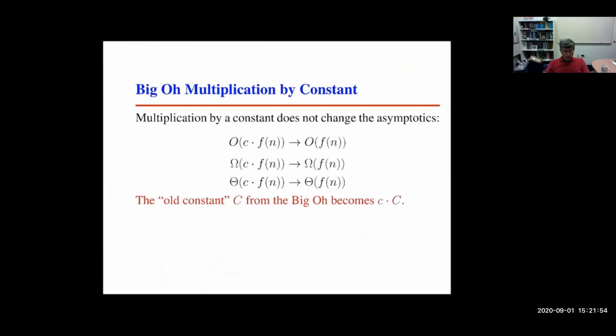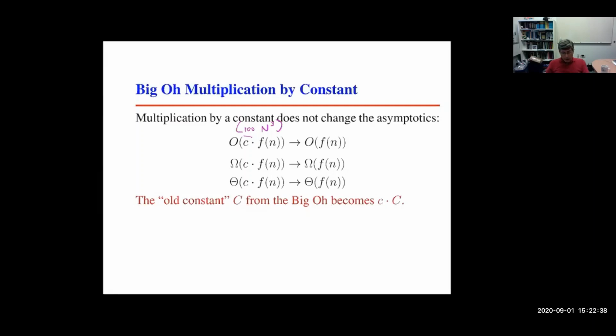What should be clear is if I want to know the analysis of a function f of n, let's say f of n was n cubed, and I want to know what big O of n cubed is, it should be clear that multiplying n cubed by 100 and asking what is 100 n cubed, multiplying it by a constant like 100 doesn't change its status given the big O notation. Why is that? It should be clear.